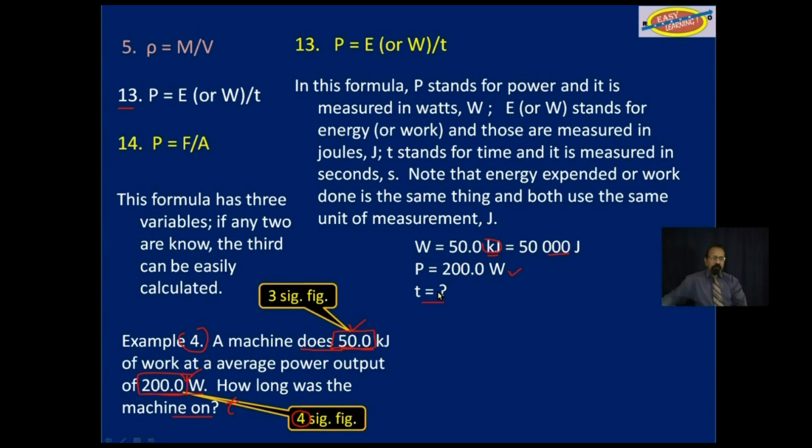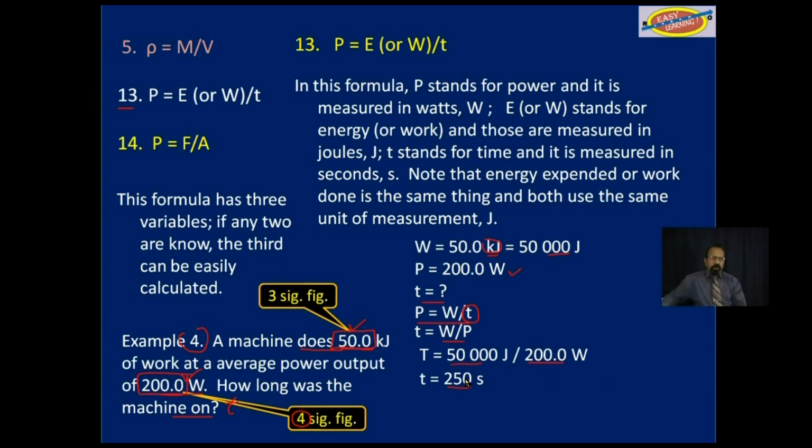We want to find time. We know that P is equal to W over T. We can rearrange this equation to make T the subject of the formula, and we get T is equal to W over P. We substitute the values we calculated, and we get exactly 250 seconds.